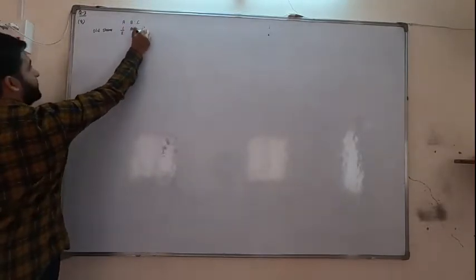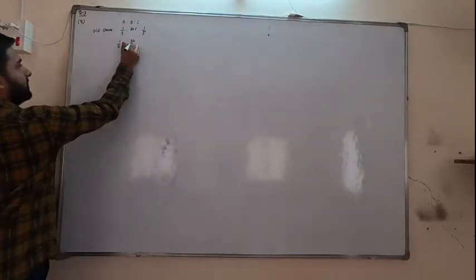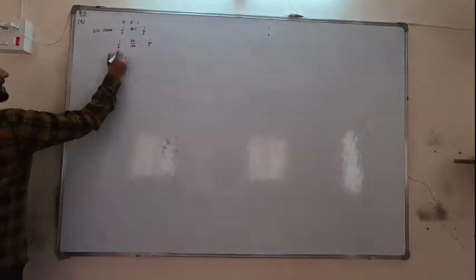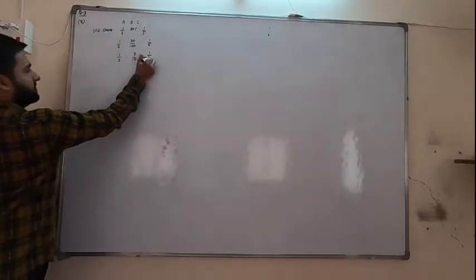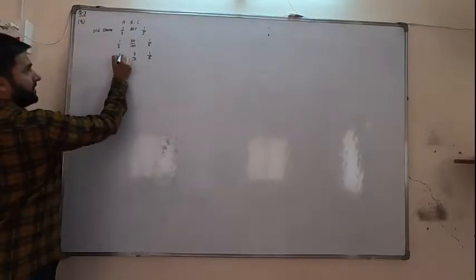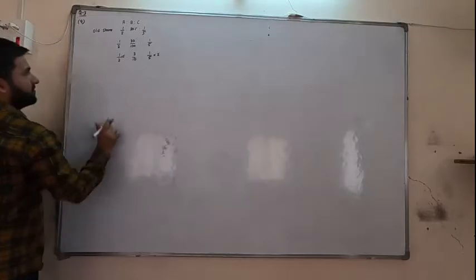30% and 1/5. Now we have to make these shares proper. 1/2, 30/100, 1/5. Again 1/2, 3/10, 1/5. The zeros we have cut down. Now we will multiply this by 5, multiply this by 2.